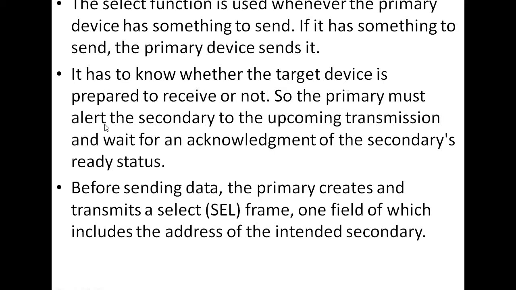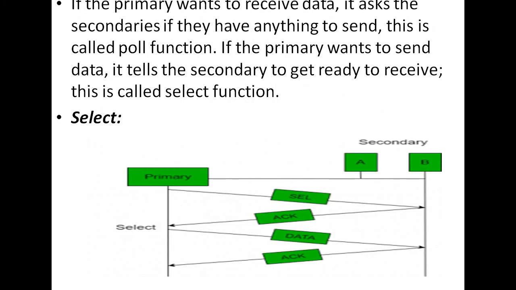So the primary must alert the secondary to the upcoming transmission and wait for an acknowledgement of the secondary's ready status. Before sending data, the primary creates and transmits a select frame, one field of which includes the address of the intended secondary, that means the destination secondary. So this is the working process of the select command.